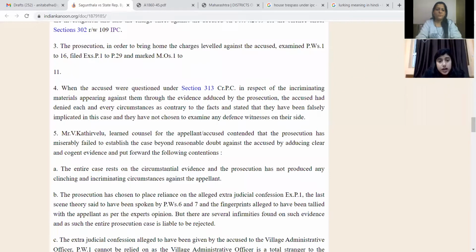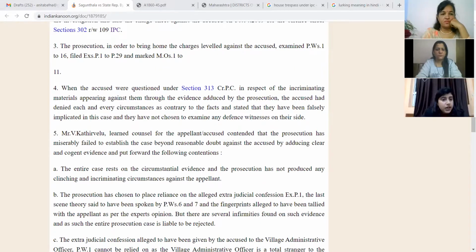When the accused were questioned under Section 313 CrPC in respect of the incriminating materials appearing against them through the evidence adduced by the prosecution, the accused denied each and every circumstance as contrary to the facts and stated that they have been falsely implicated in this case. They did not choose to examine any defence witnesses on their side.